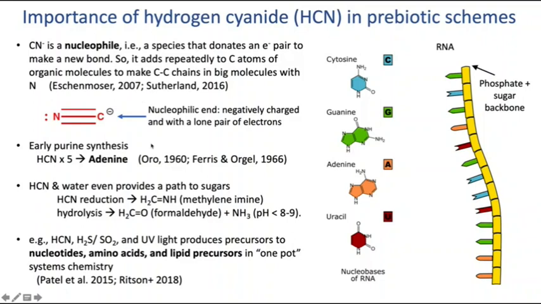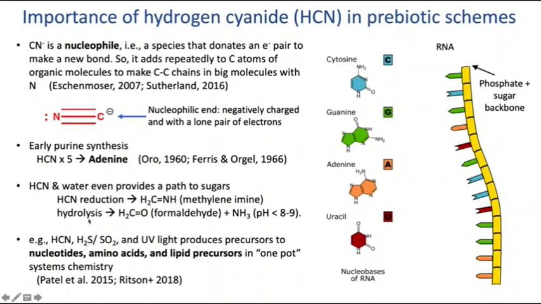So, for example, the early experiments made adenine, which is essentially a pentamer of HCN. Even the building block of sugars, formaldehyde, can be made from HCN. You can reduce it, and then you can hydrolyze the reduced product, and it will make formaldehyde in a certain pH regime.